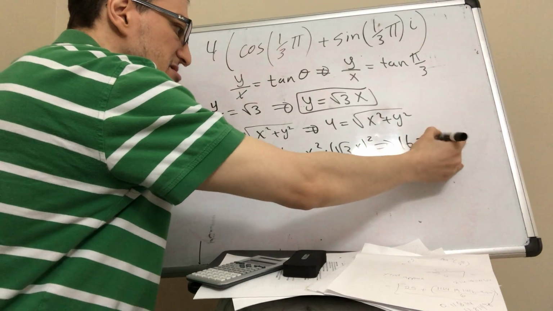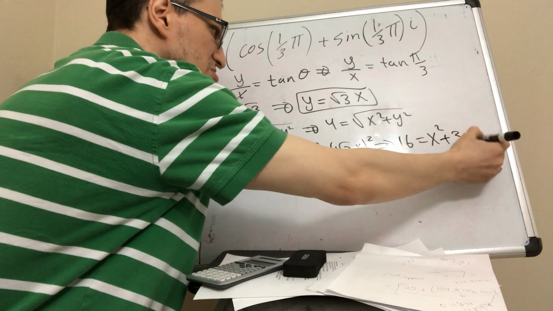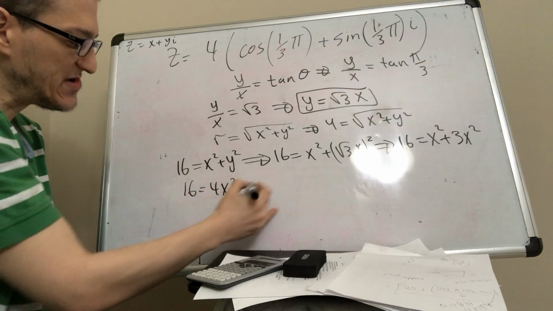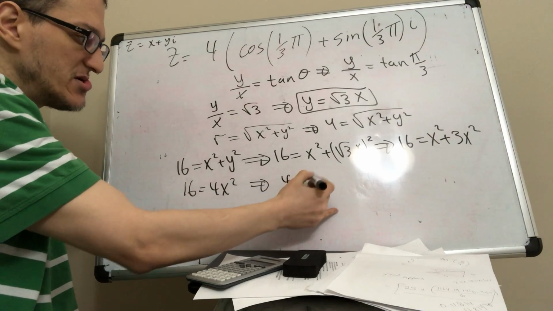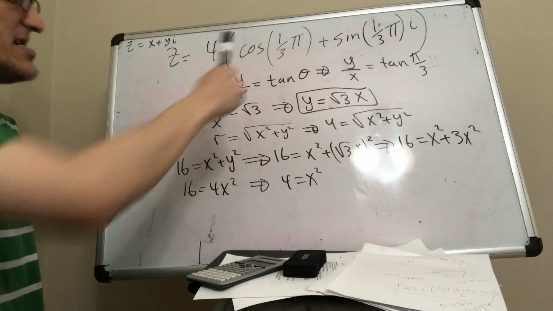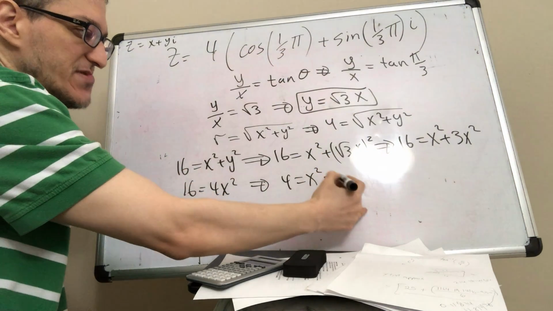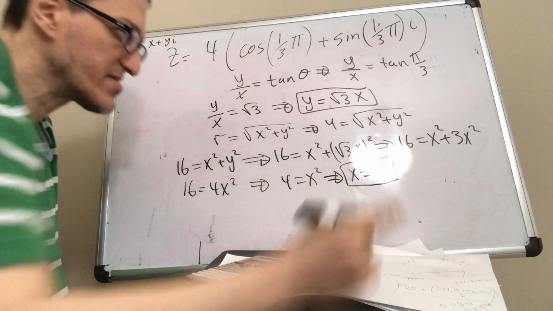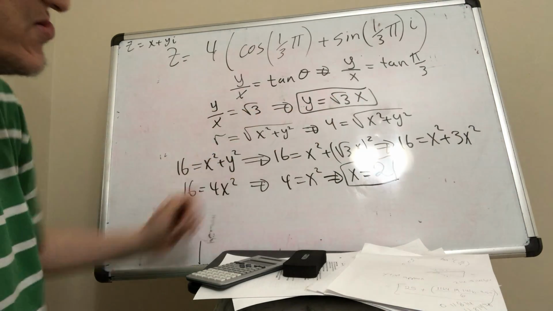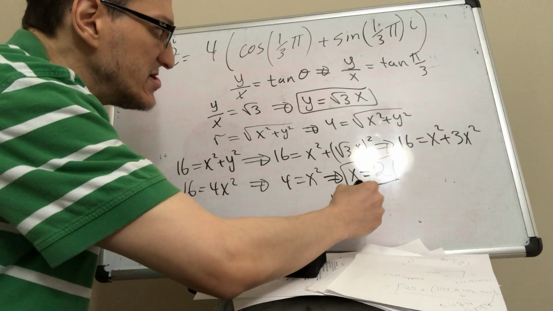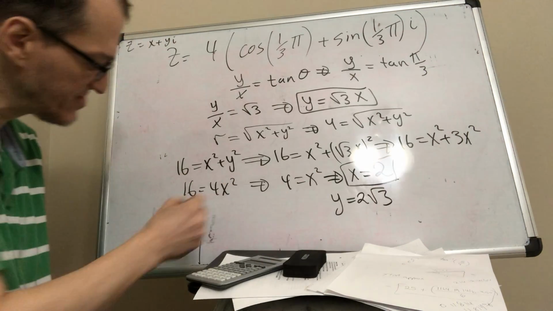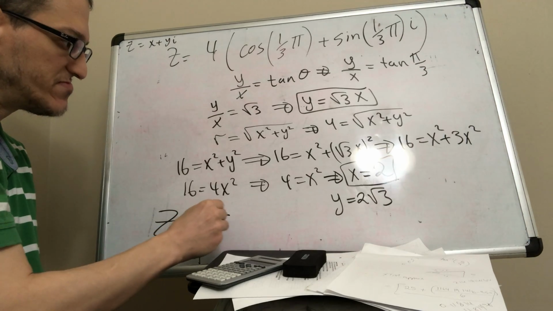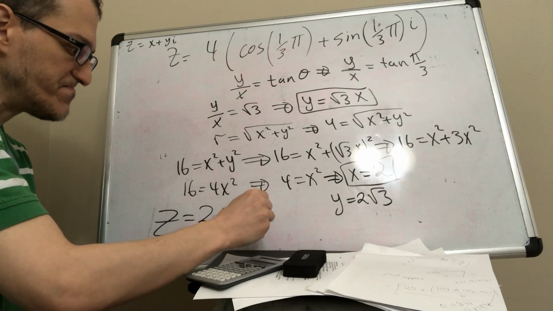That gives you 16 equals x squared plus 3x squared. So 16 equals 4x squared. You divide by 4, 4 equals x squared. And again, you're in the first quadrant, so everything is positive. x would be 2. If x is 2, then y is 2 root 3. So your complex number, real is 2, imaginary is 2 root 3.